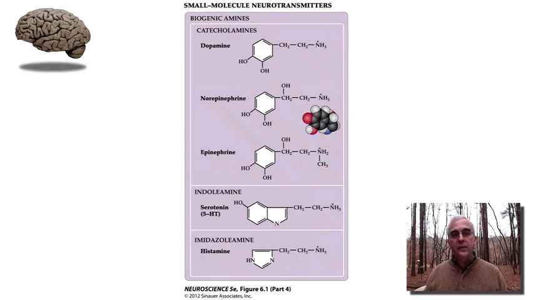So unlike molecules like glutamate and GABA that mediate rapid synaptic effects that appear to convey information as information flows in neural circuits, the biogenic amines rather modulate the way those circuits function. And we'll talk more about them when we see them in context in structures such as the basal ganglia of the forebrain.